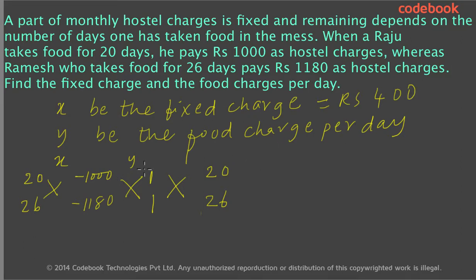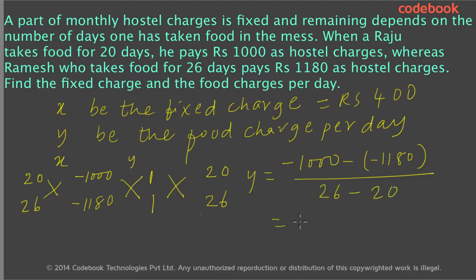Similarly, you can calculate Y using the cross multiplication method. So Y is equal to minus 1000 times 1, which is minus 1000, minus minus 1180 times 1, which is minus 1180, divided by again 26 minus 20. So here you have minus 1000 plus 1180 by 6.